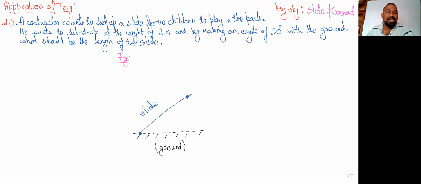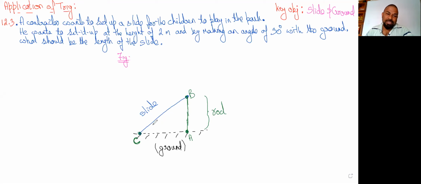But a slide can't stand without something vertical. This is nothing but the rod which we place. So all together, if I label this one as A, this as B and this as C, all together becomes the slide here. You should not take only BC as the slide or only AB as the slide.